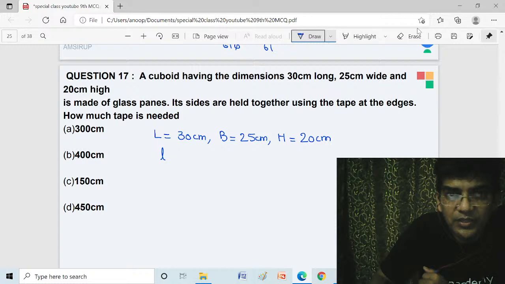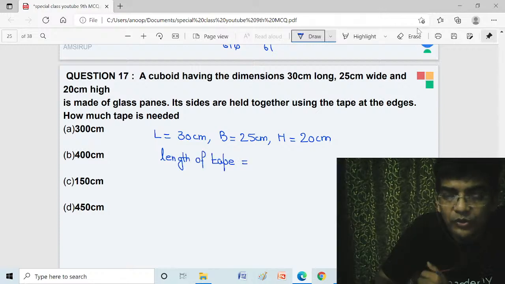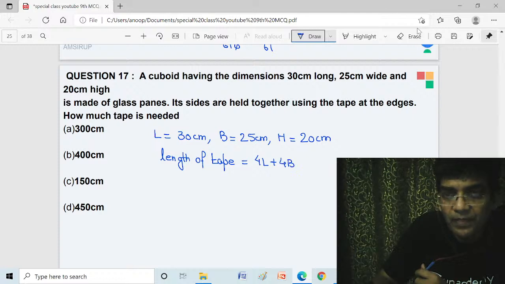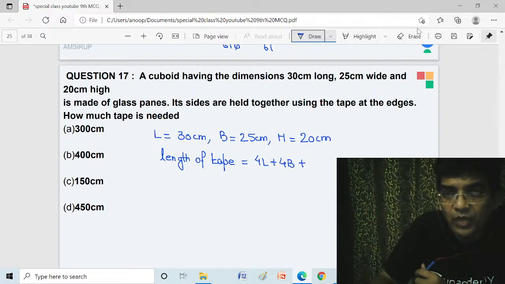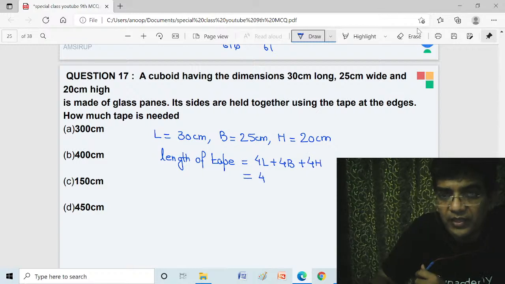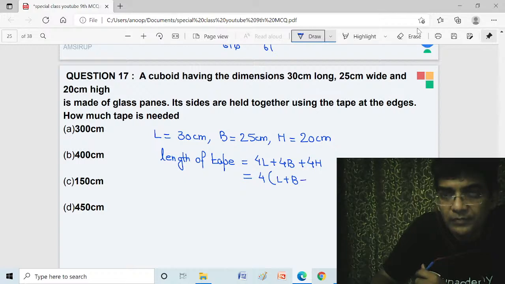Now remember, in a cuboid we have altogether 12 edges. Of those 12, 4 are length, 4 are breadth, and 4 are height. So if I take 4 common, length plus breadth plus height.